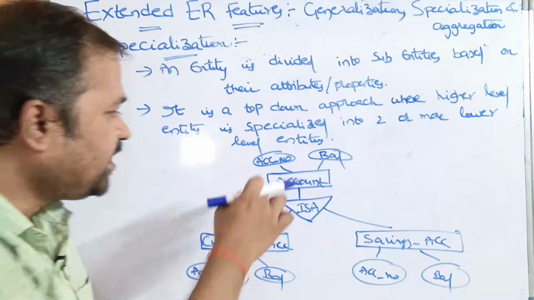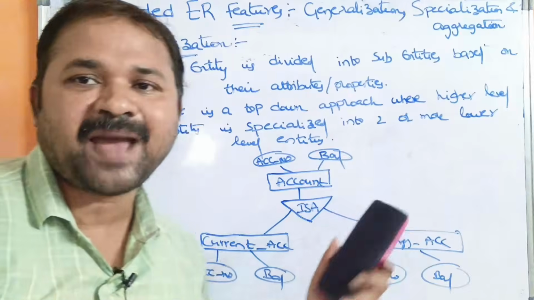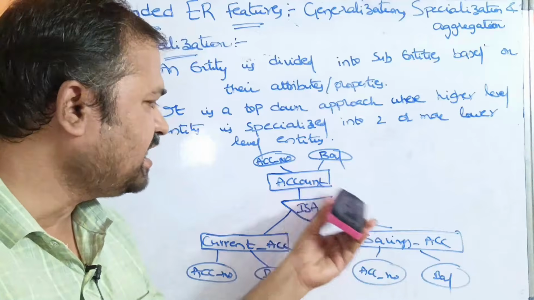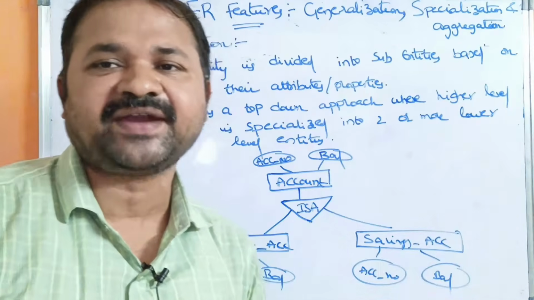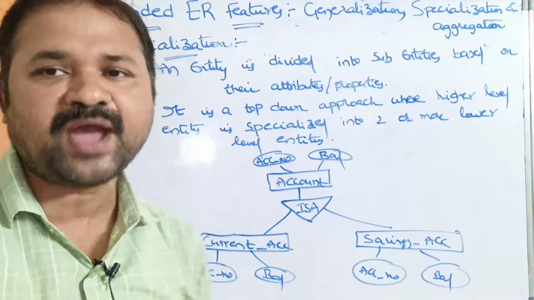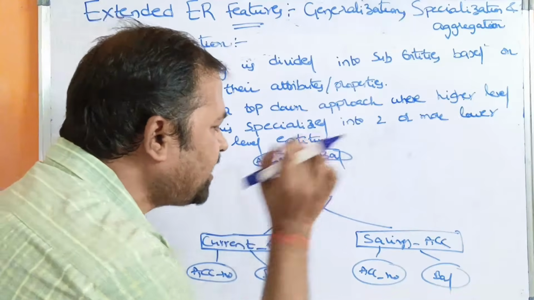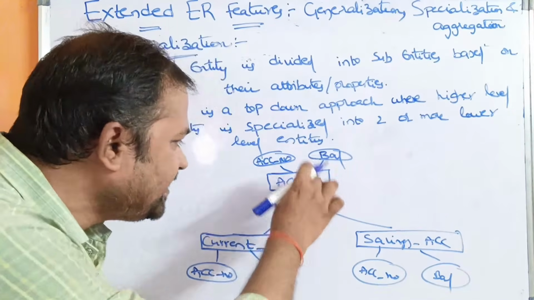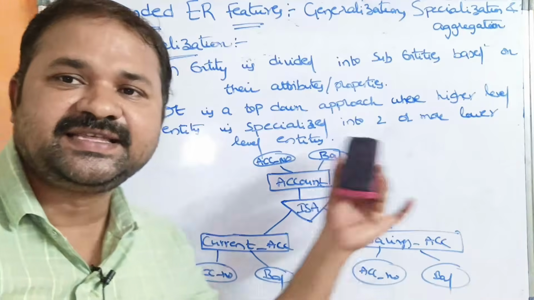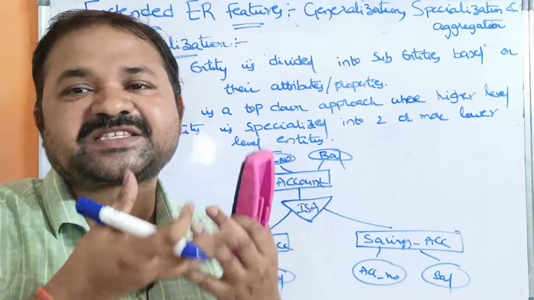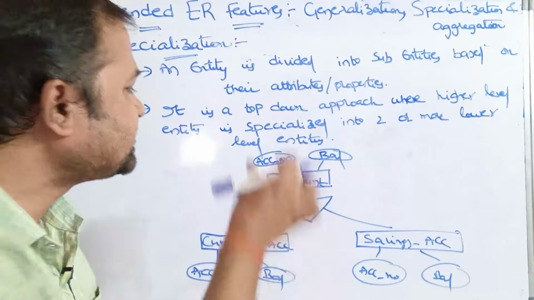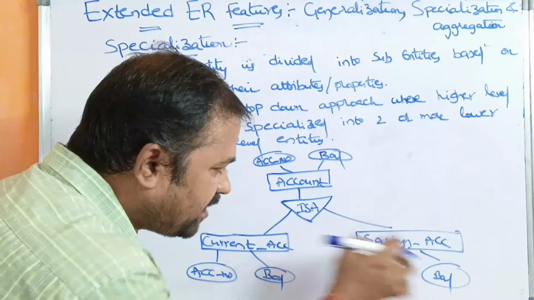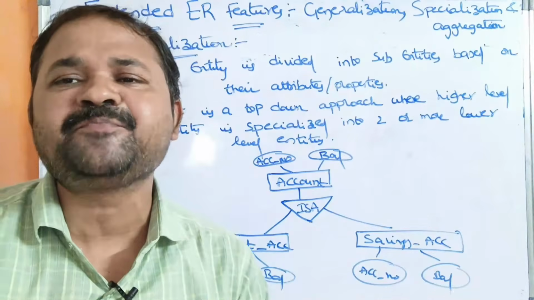Okay, so here the higher level entity is a bank account. Let the account have two attributes. Generally an account will have a number of attributes, but here we have taken only two attributes. They are account number and balance. Here ISA is nothing but a relation. So this higher level entity, account, is divided into two lower level entities called current account and savings account, with the same properties.